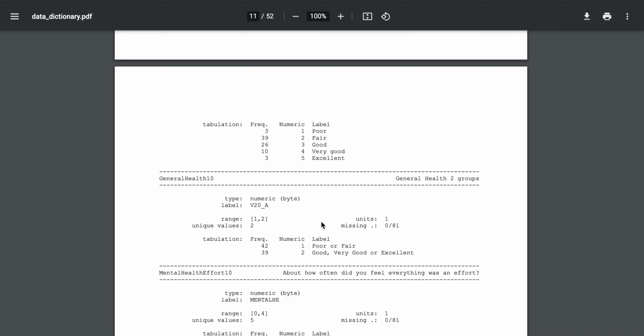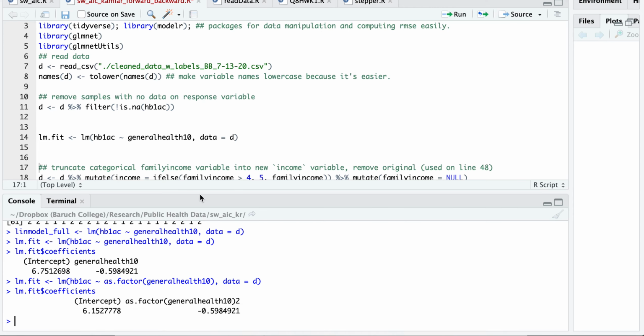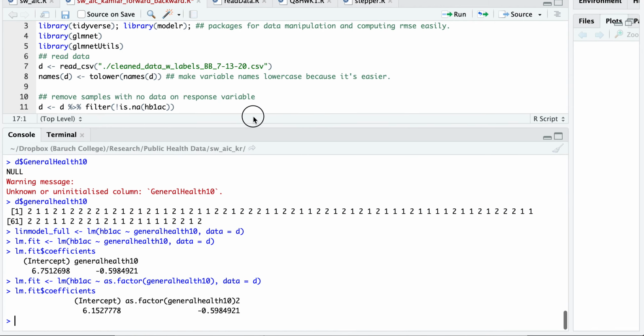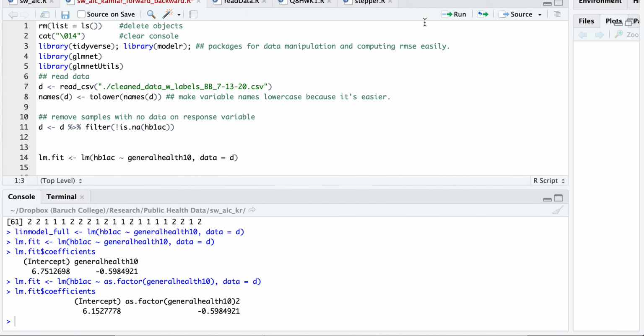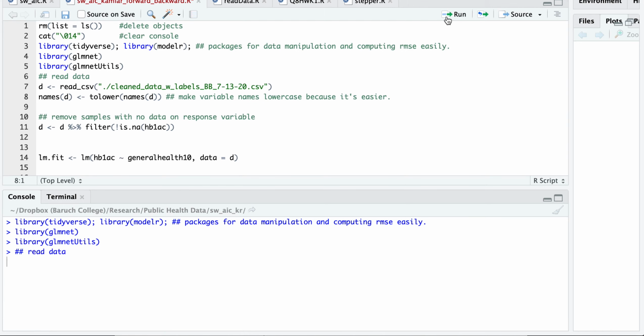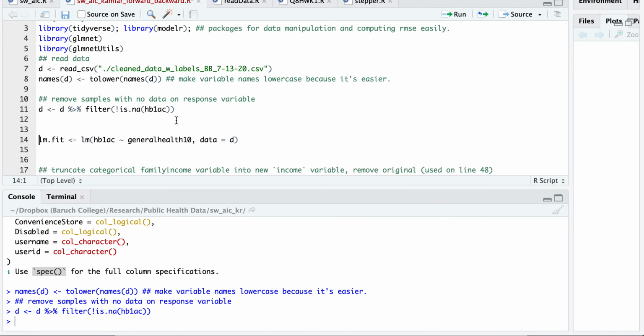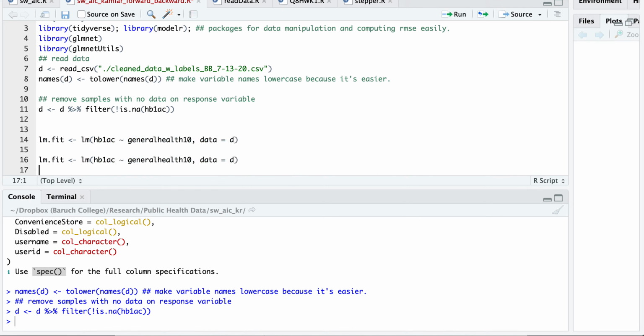Next, I want to show you how it doesn't make a difference if we use it as a factor, in other words, as a categorical or numerical, when it's binary. First of all, let's just start from the beginning. In this line, I'm removing all the data points, samples with no data in the response variable. Then I am running a simple linear regression.